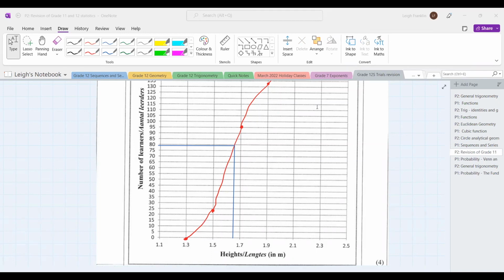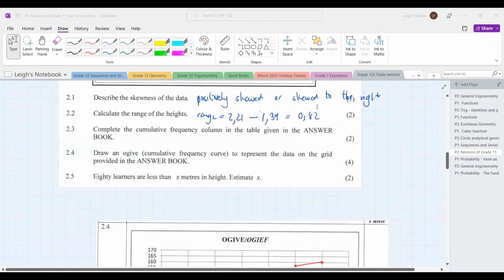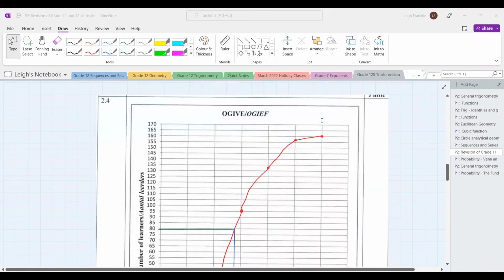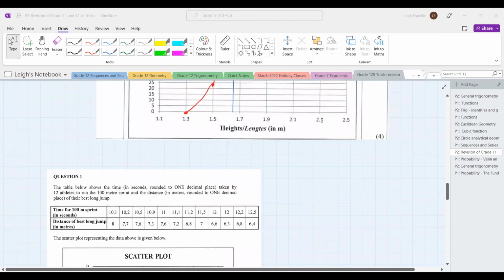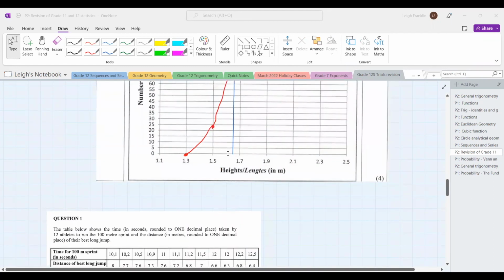So they're asking you to do an estimation. They would normally give you a little bit of leeway on either side. So it would have to be more than 1.6, but less than 1.7. So if 1.6 is over here, I'd say it's sort of halfway in between 1.6 and 1.7.